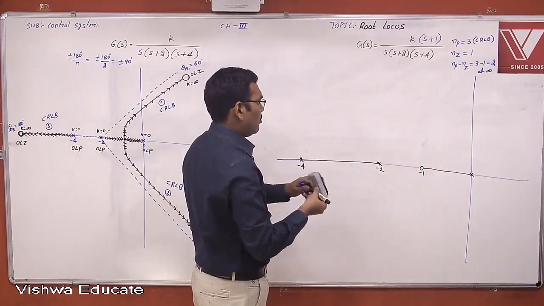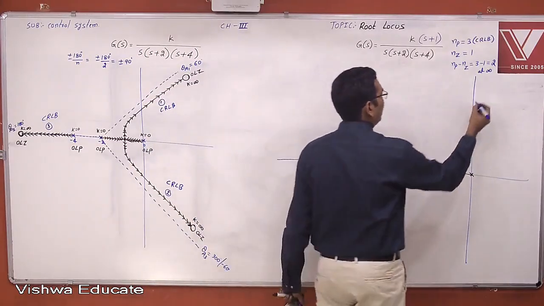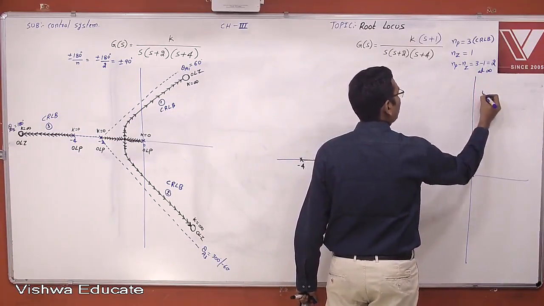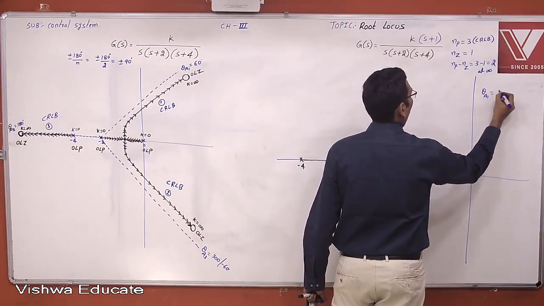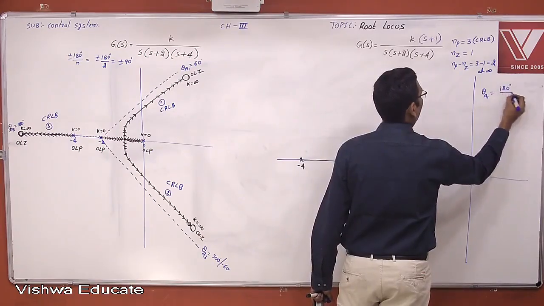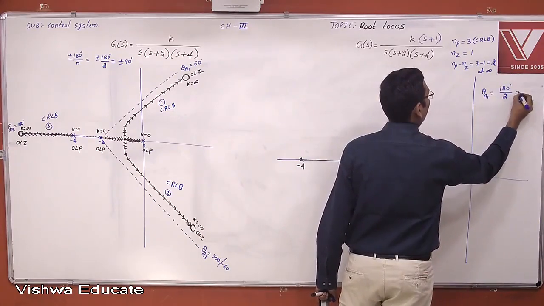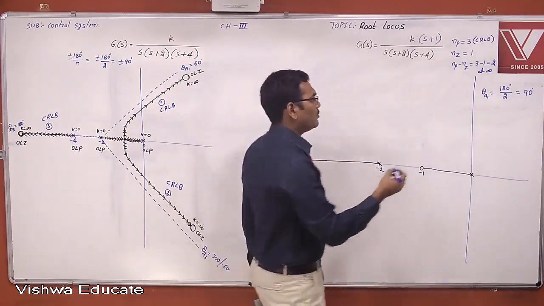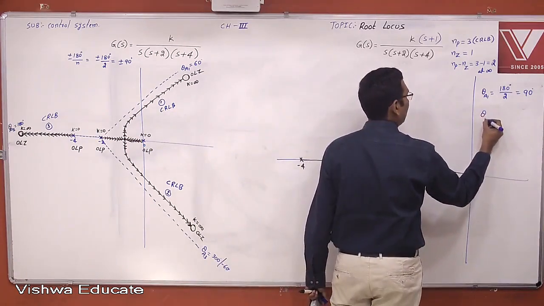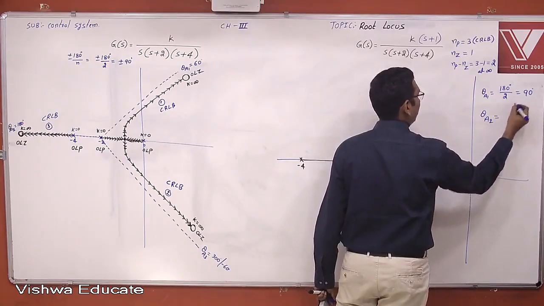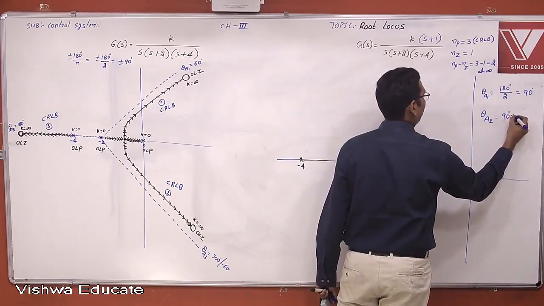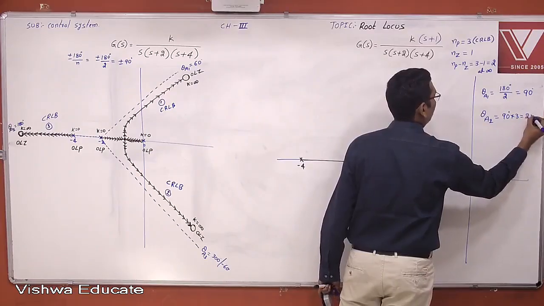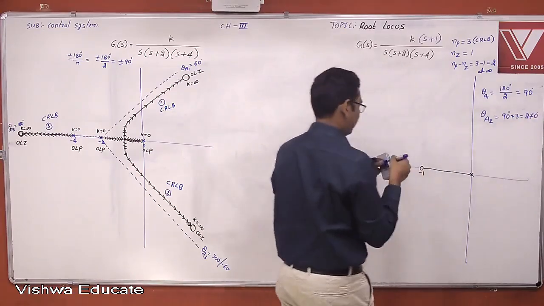Now, what are the angles of asymptote? In total, how many? 2. What is the first angle of asymptote? 180 degrees by NP minus NZ, which is 2, equal to 90 degrees. What is the second angle of asymptote? Don't do anything: the second angle of asymptote is the first angle multiplied by the next odd number, which is equal to 270 degrees.